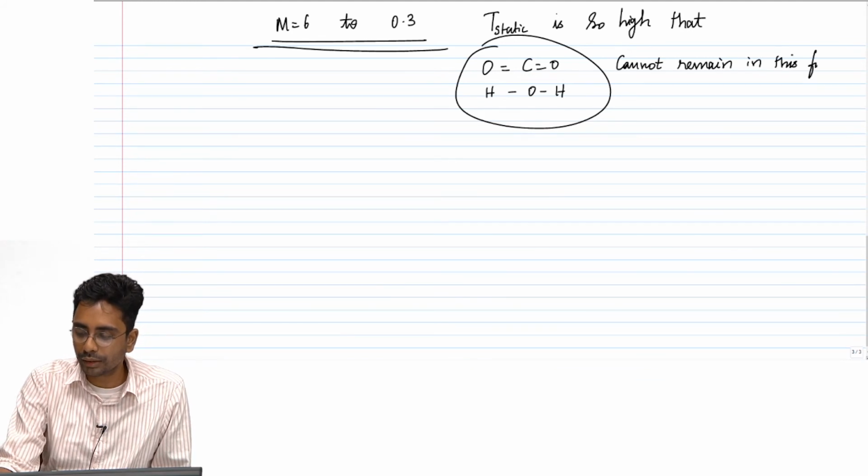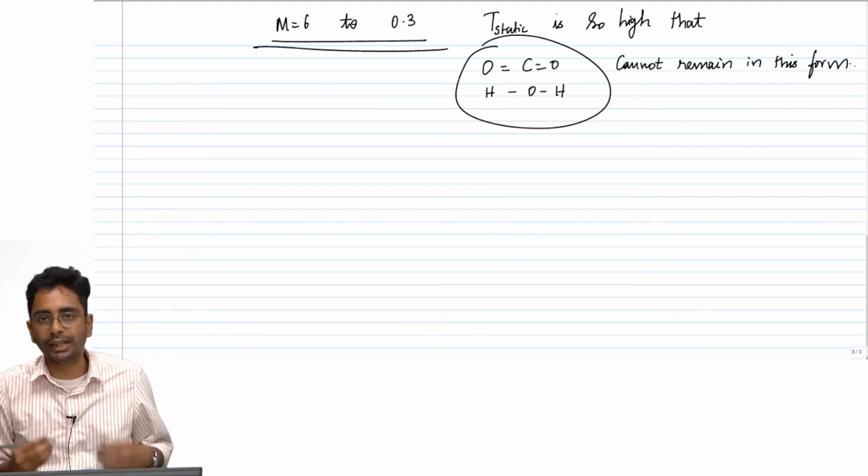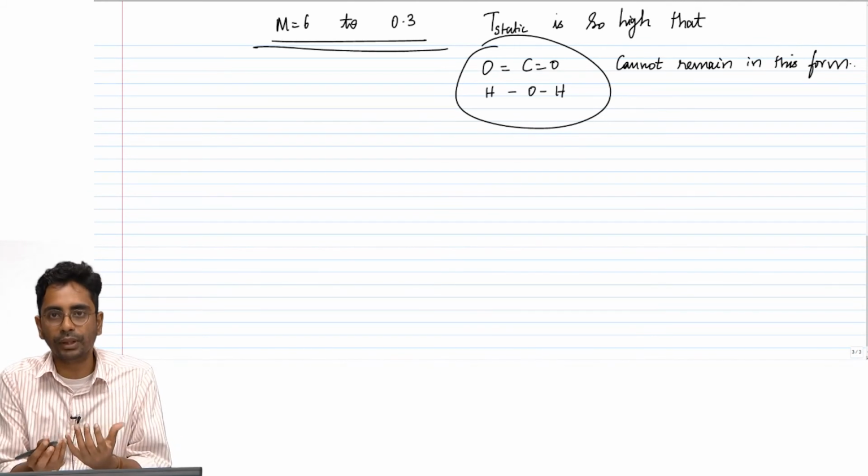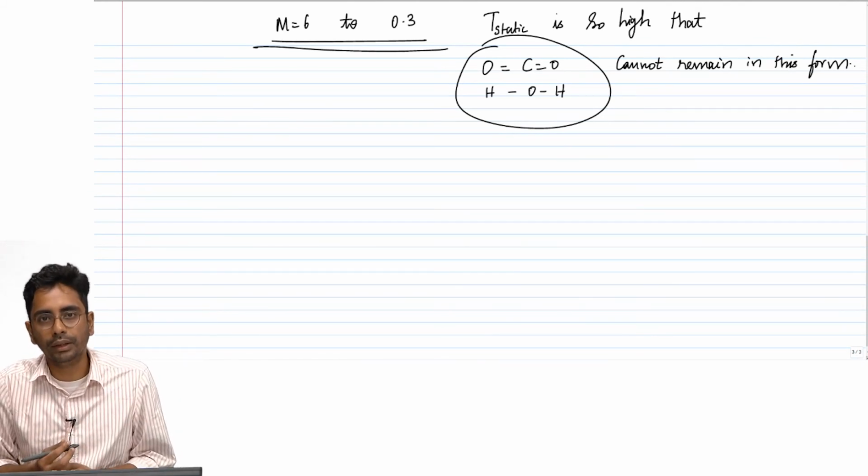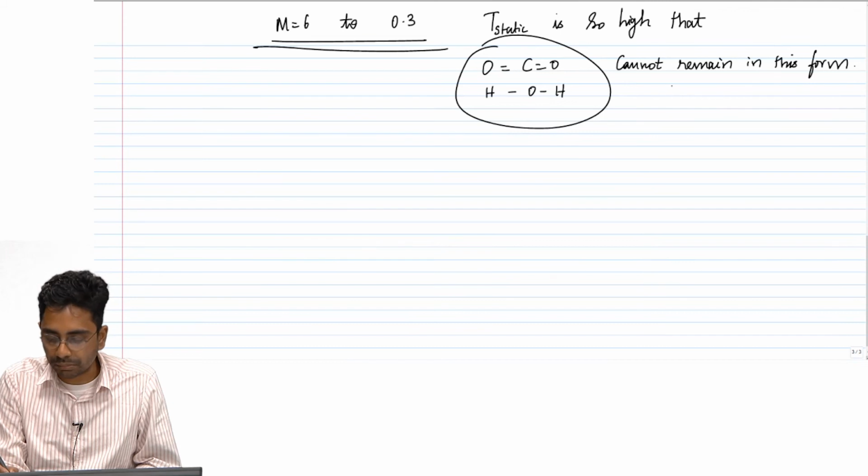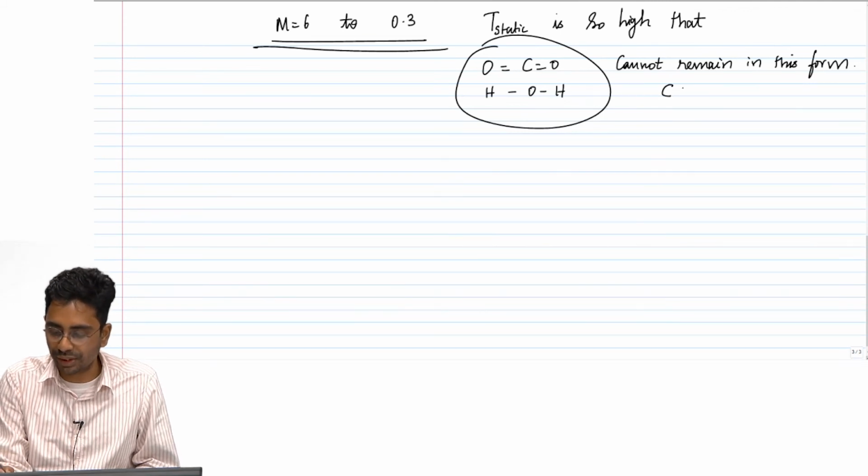Remember that now the temperatures are so high, there is a lot of energy available for these bonds also to be broken, and therefore this might remain as CO at some temperature, OH, H, O, maybe even carbon at extreme conditions.